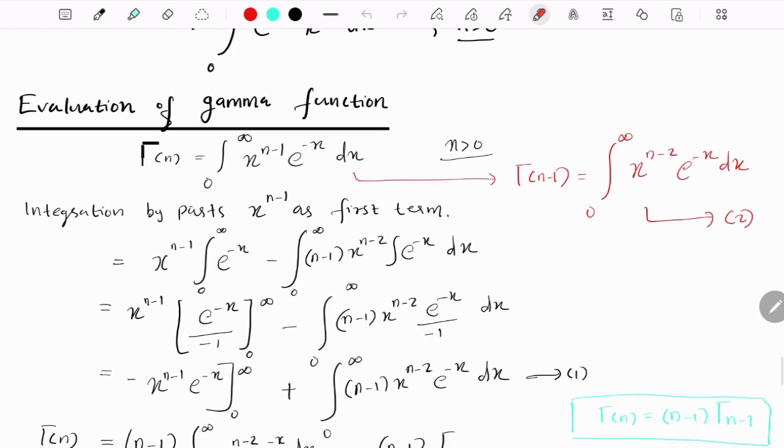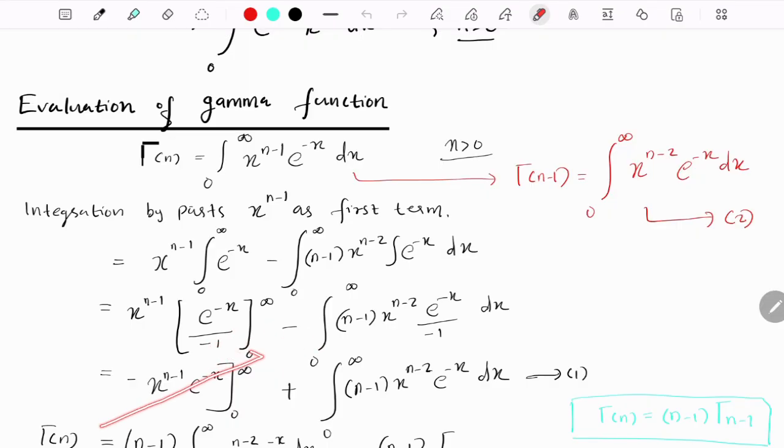Then if you apply the limit here, 0 to infinity, if you substitute 0, then x equal to 0 will make it 0. And if you apply infinity, e to the power minus infinity is equal to 1 by e to the power infinity, that is 1 by infinity, which is also equal to 0.